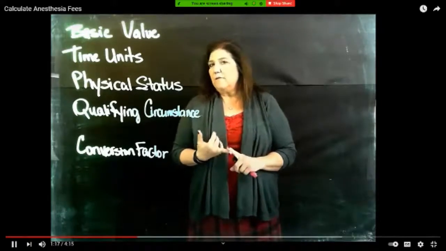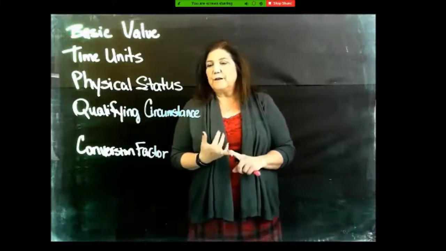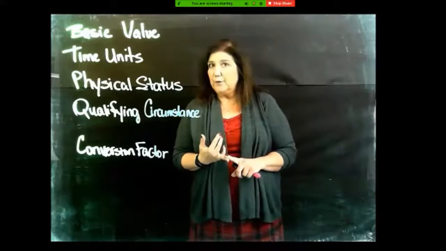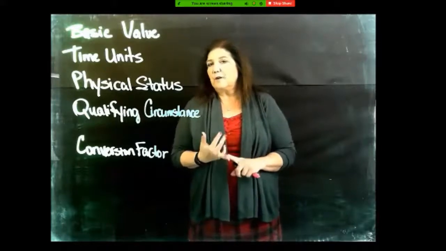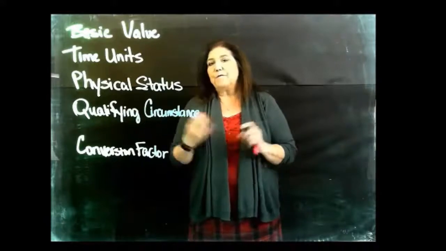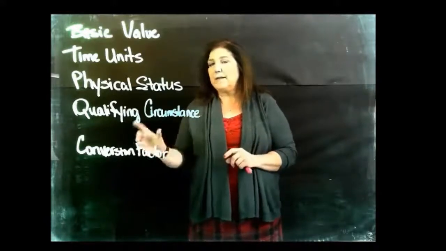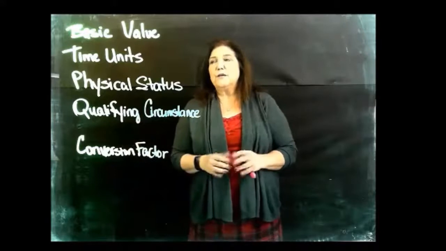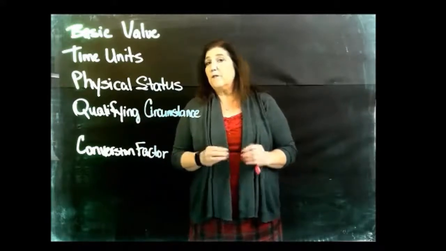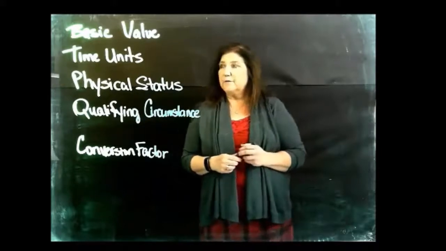Then we have the qualifying circumstance codes, and those have also been assigned a base value based off of what that particular code is. So when we figure that all up, we can take our conversion factor, which is given to us by CMS, and is based off of the locale.